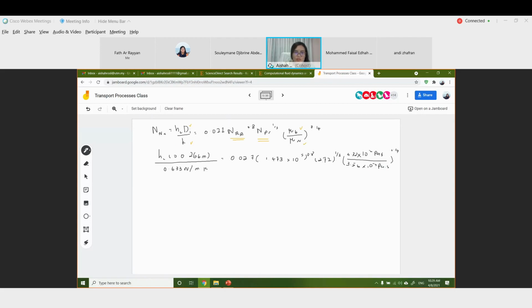Okay, so if you solve this for h_i, in this case h_i is the inside convective heat transfer coefficient. You can get it as 13,324 watt per meter squared Kelvin. Meter and meter becomes meter squared, watt and Kelvin. I think for the first one I missed the Kelvin here.